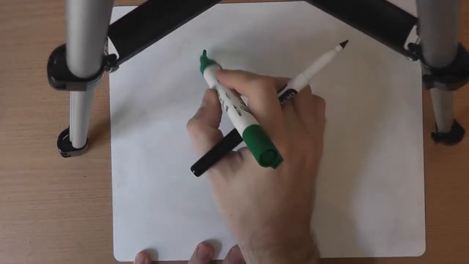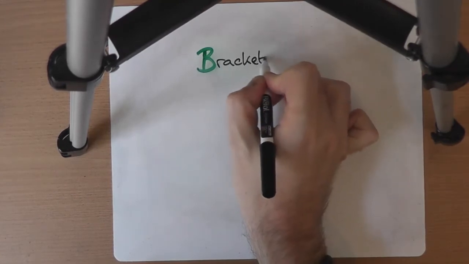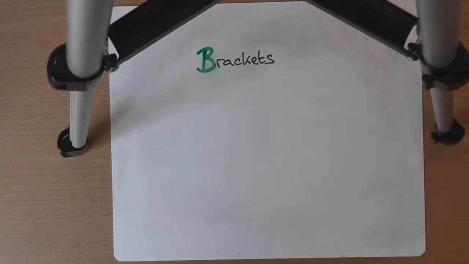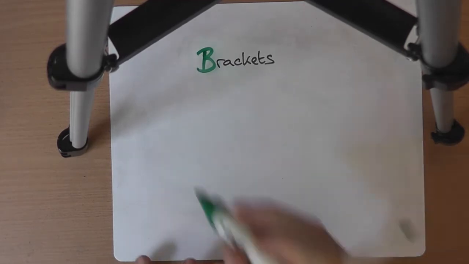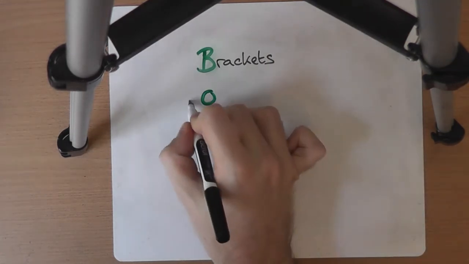And the first thing we do is we look at the question and ask, are there any brackets? And if there's any information in brackets, then we do that bit first, whatever the sum happens to be in the brackets. But brackets are used to show that we do that bit first. After that, we have a look through the question and we see if there are any powers.